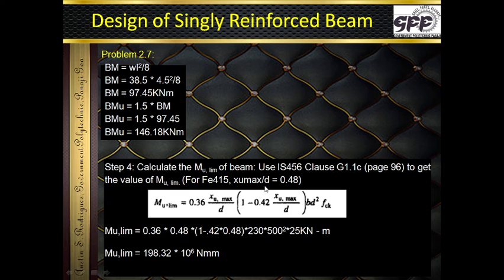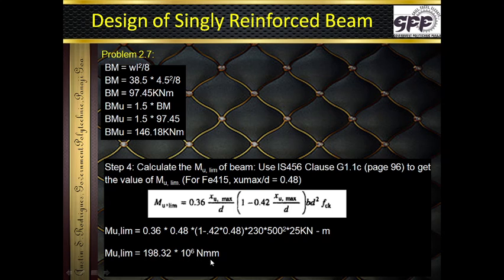So MU limiting we are trying to find out: 0.36 into XU max by D, 0.48, into 1 minus 0.42 into 0.48, into B, which is 230, D is 500, so 500 square, into FCK, which is 25. Having got this done, MU limiting comes to 198.32 into 10 raised to 6 Newton mm.